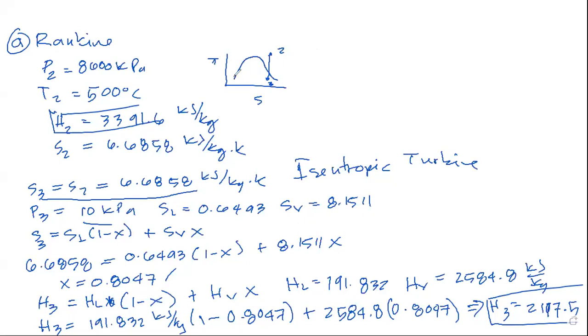Remember, ang H4 ay saturated liquid. Andito yan, ito yung condenser, tapos dito yung papatak, saturated liquid. So ang pressure niyan, ang P4 ay 10 kPa pa rin kasi ang condenser operates at constant pressure. Equal lang yung P3 at saka yung P4.